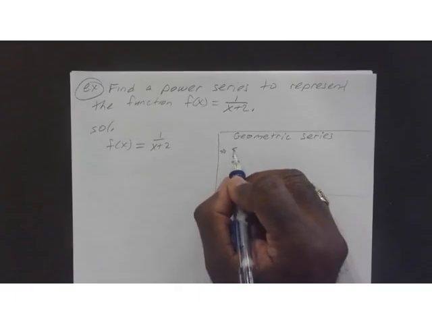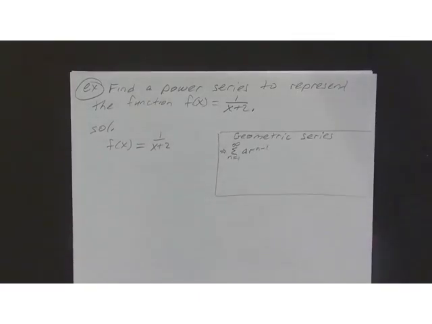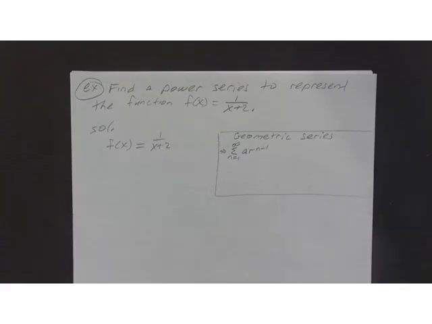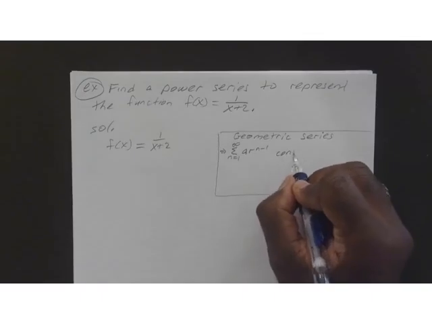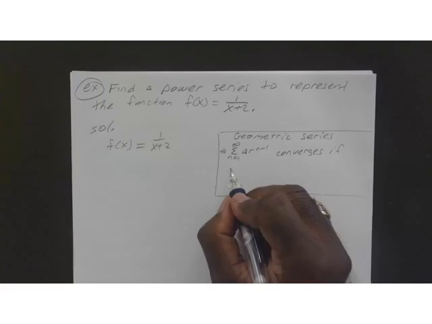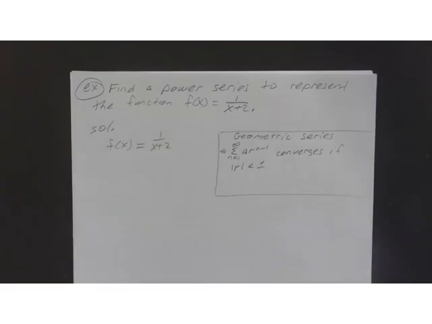Remember, that says if you have the sum from n equals 1 to infinity, a times r to the power of n minus 1, or you could have it from n equals 0 to infinity and have that r to the power of just n. Both of those would be right. Remember, it converges if the absolute value of r is less than 1.